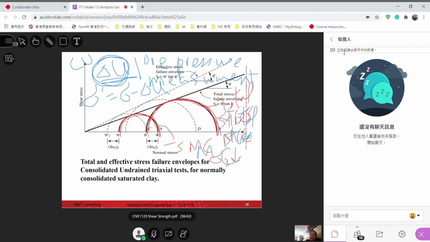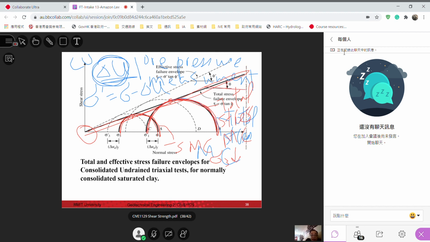Now from this tangential point and this tangential point, we can join them with a straight line. But since here we are plotting total stress, the cohesion intercept and the angle of friction are under undrained condition.